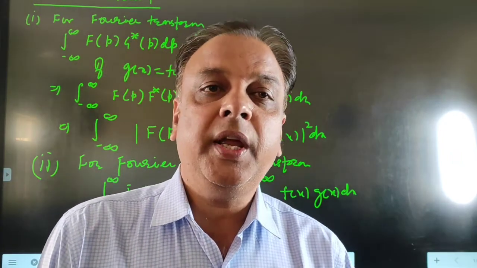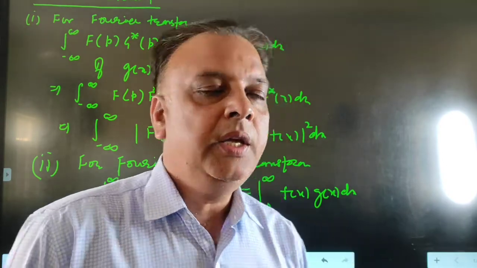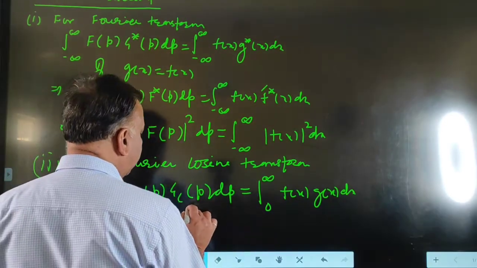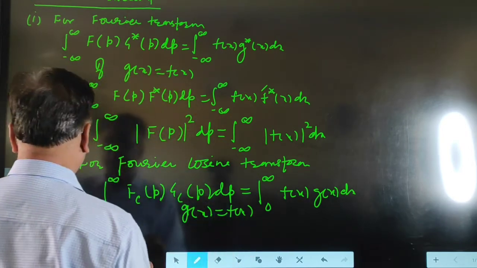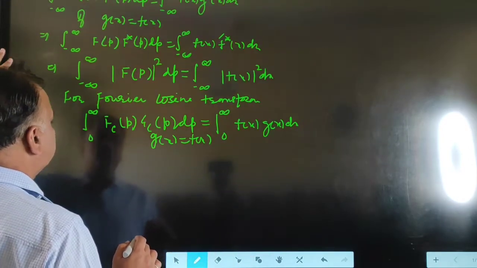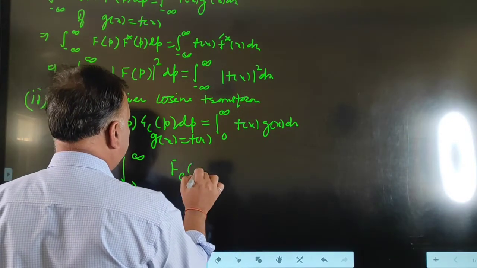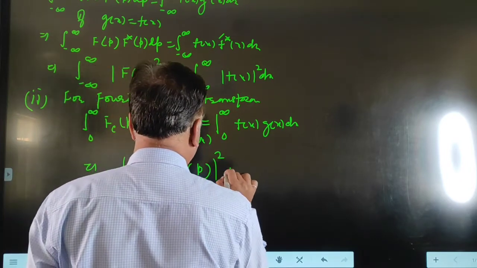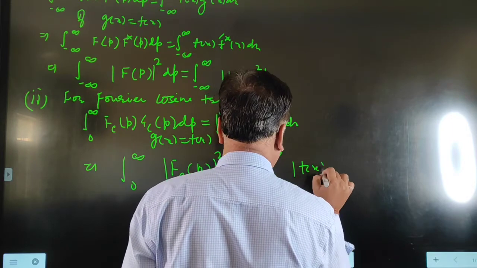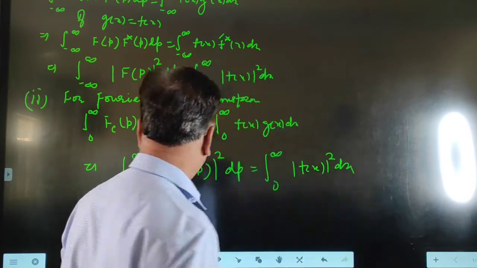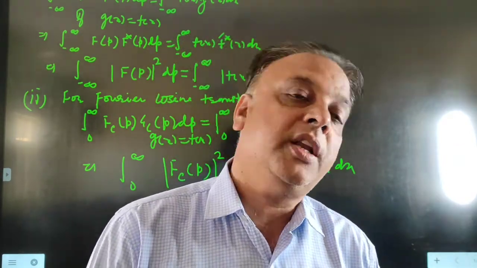Here Fc(p) and Gc(p) are the Fourier cosine transformations of the functions f(x) and g(x). If we put g(x) equal to f(x), then this identity reduces to the integral from 0 to infinity of modulus of Fc(p) whole square dp equal to the integral from 0 to infinity of modulus of f(x) whole square dx. So these are the two results for the Parseval's identity for Fourier cosine transformation.